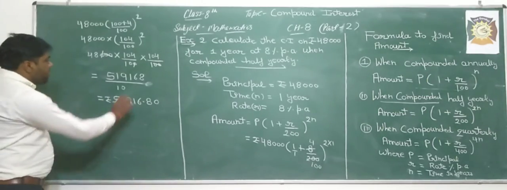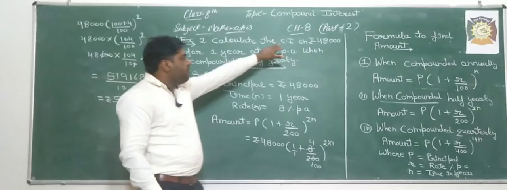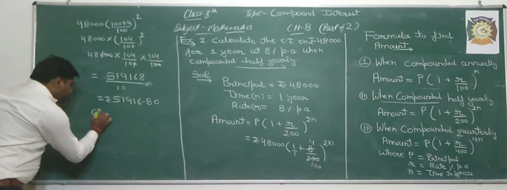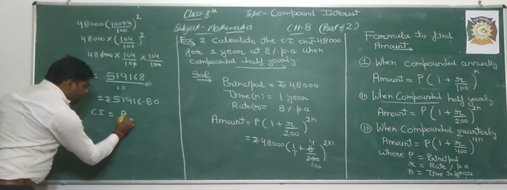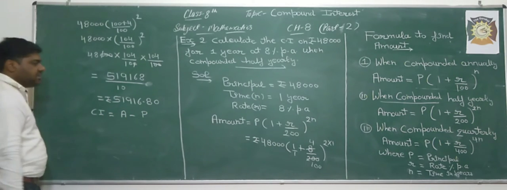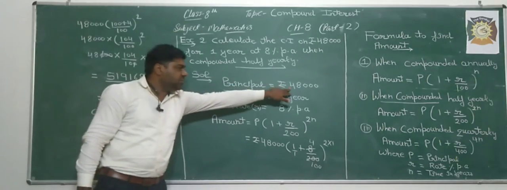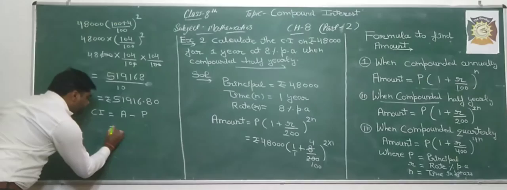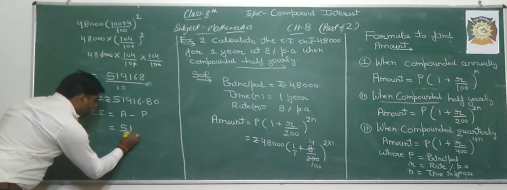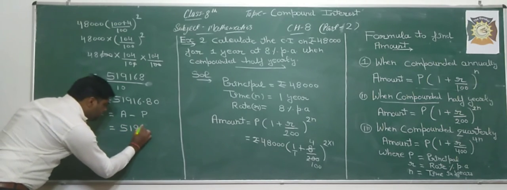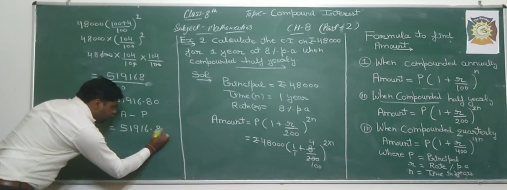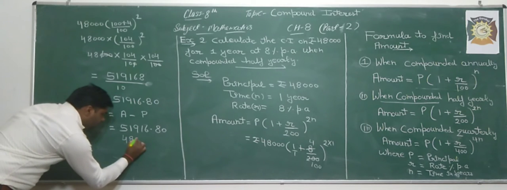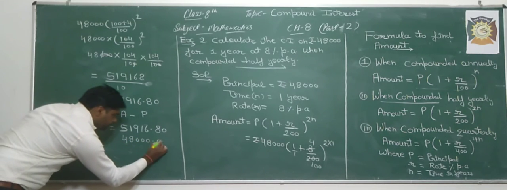So this is the amount, but we have to find here compound interest. So how we can find? Compound interest is equal to amount minus principal. That means we have to subtract 48,000 from this amount. So then it becomes 51,916 rupees and 80 paise, then minus 48,000.